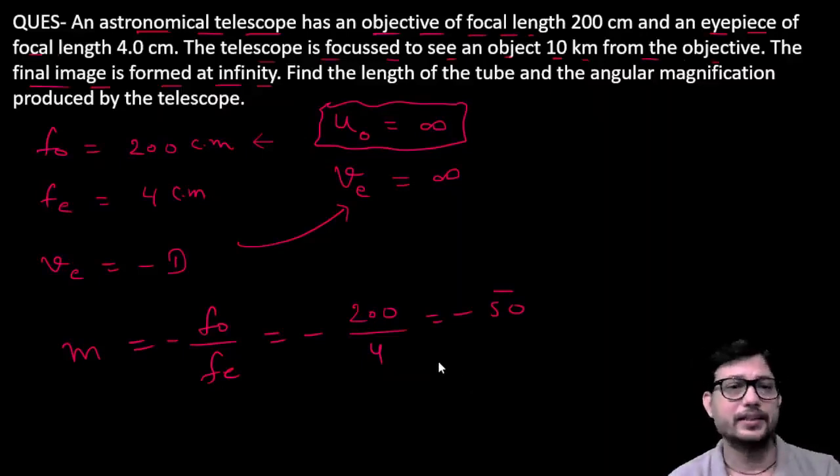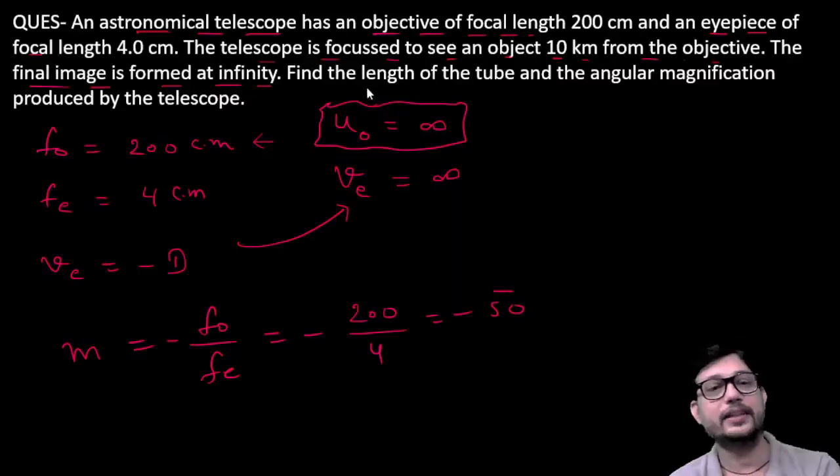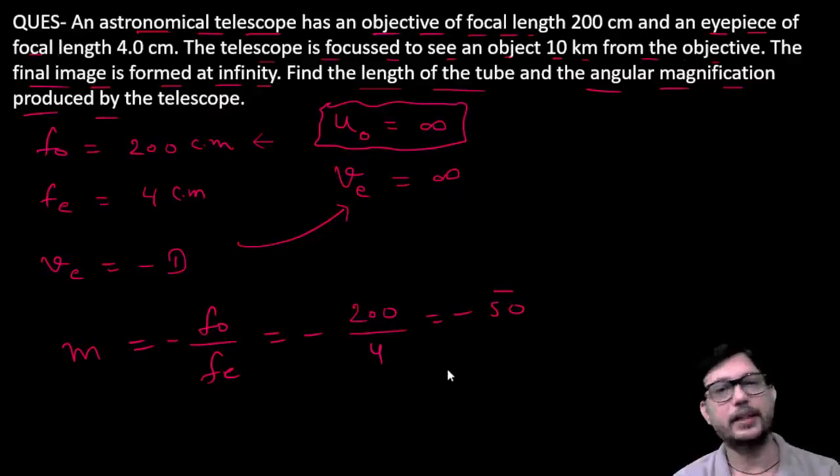Here it is asked to find the length of the tube and the angular magnification. So the angular magnification is minus 50.